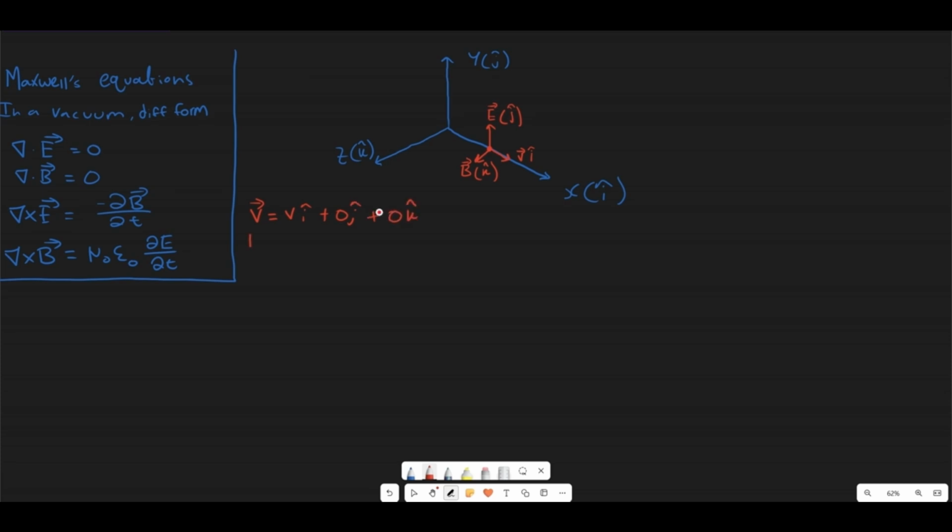And then our total electric field E will just be 0 I hat plus E as a function of position and time, j hat plus 0 k hat, and then the magnetic field will be 0 I hat plus 0 j hat plus B of x, t in the k direction.